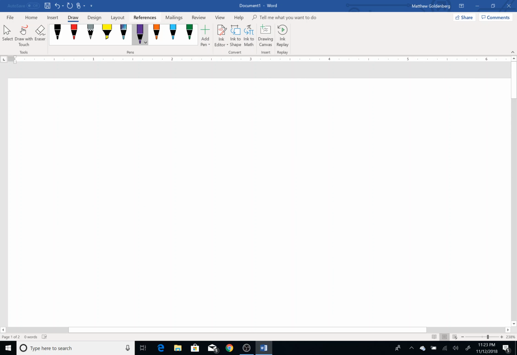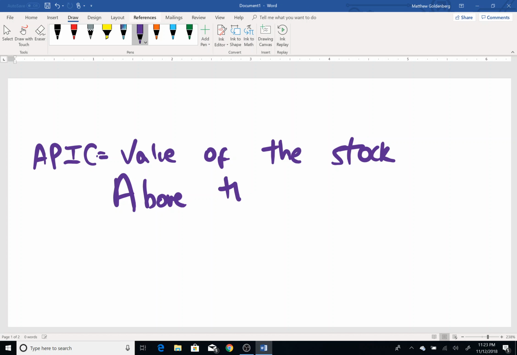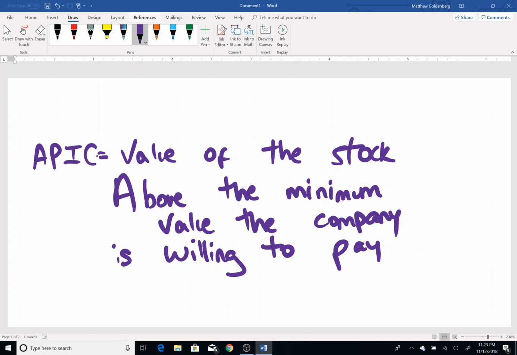What APIC refers to is the value of the stock above the minimum value the company is willing to pay stockholders.